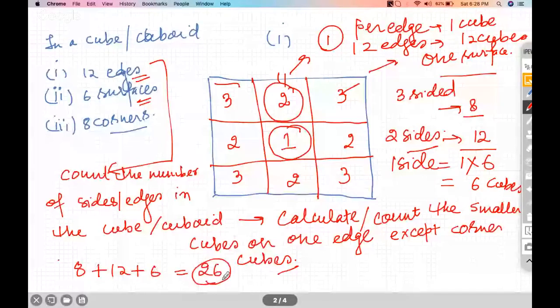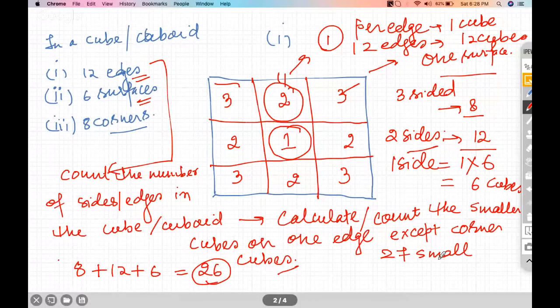So out of 27 smaller cubes, 26 I have counted.